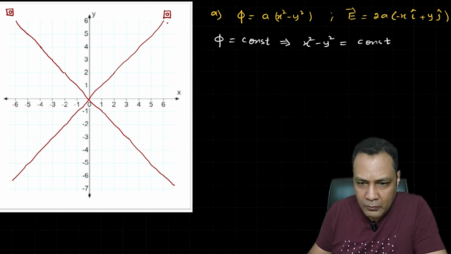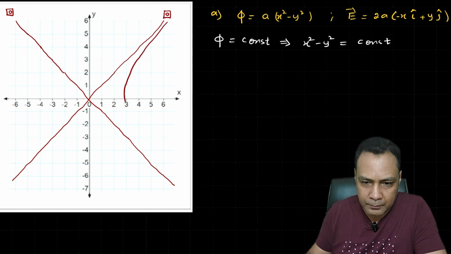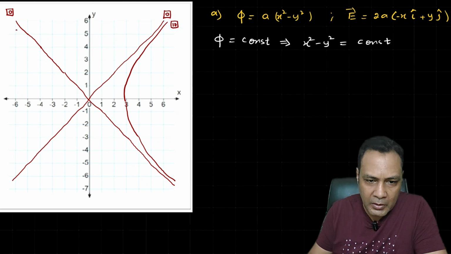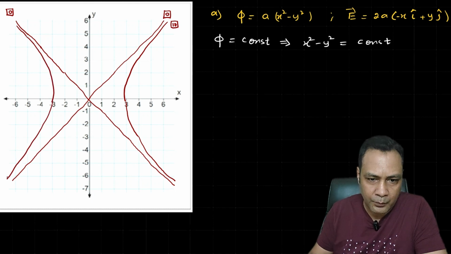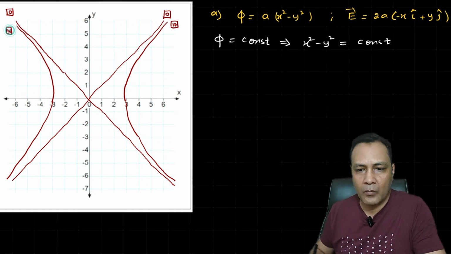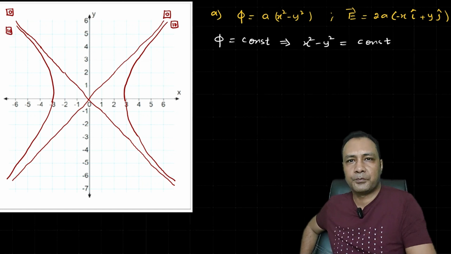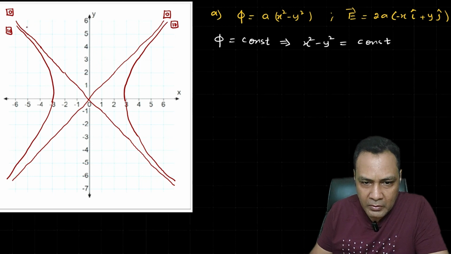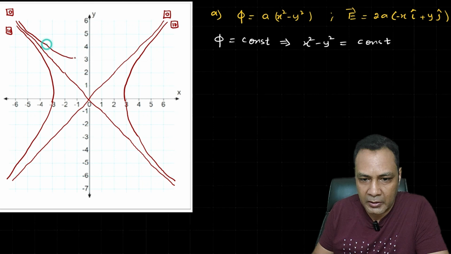That EPS would be something like this, and its potential is say 10 volt. Another branch of this EPS would be like this. This is say 10 volt potential. If I plot an EPS with minus 10 volt, the same way that will be something like this, that will go with a negative potential like that.